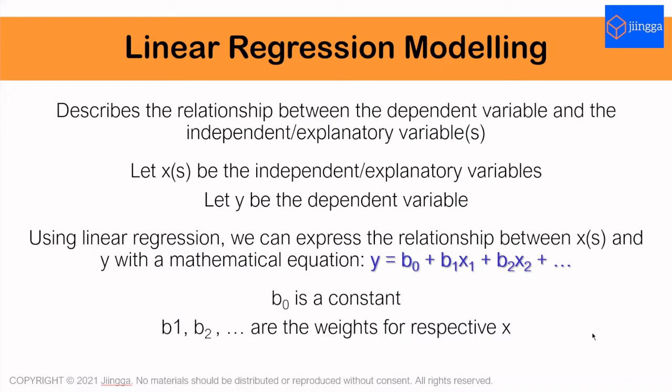Here, x1, x2 and all the other x are various features or the explanatory variables. And b0 is a constant, which we don't discuss further for now, while b1, b2 and the other b's are the weights for respective x.